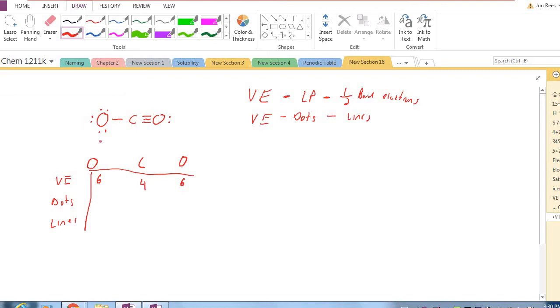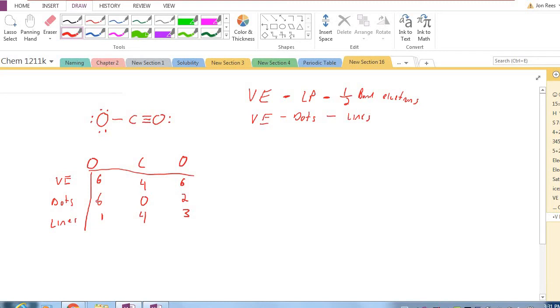The number of dots around that left oxygen are 2, 4, 6. There are 6 dots. The number of lines is 1. For the middle carbon, there aren't any dots, and the number of lines is 1, 2, 3, 4. For that right oxygen, the number of dots is 2, and the number of lines is 3.